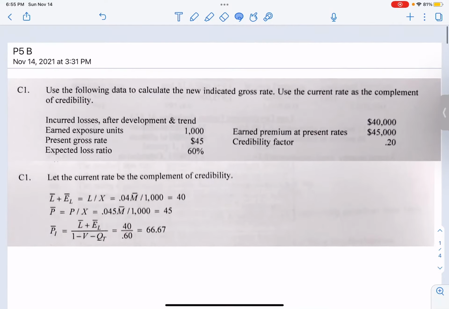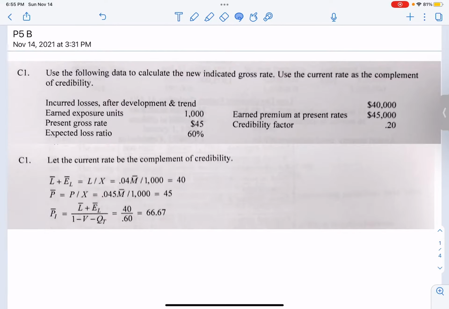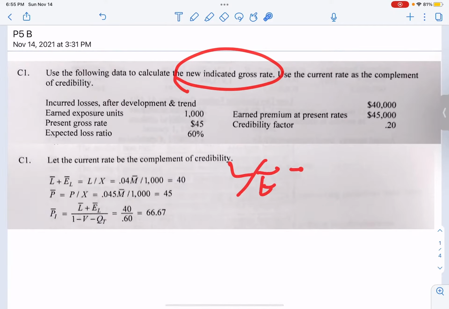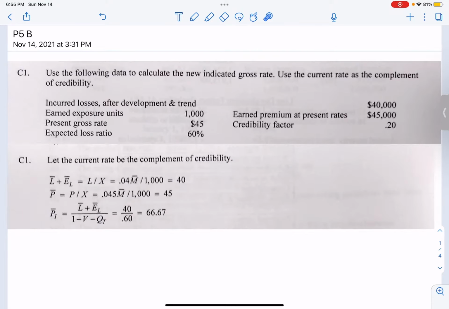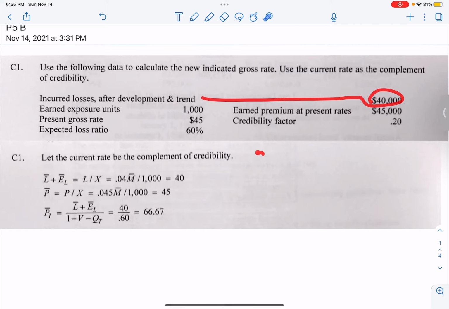So question 1, we're supposed to calculate the new indicated gross rate. In order to calculate the new indicated gross rate, we need the loss per exposure and we need expenses per exposure. But we know that we have the loss given a data set, but we don't have the fixed expenses, but we do have exposure.